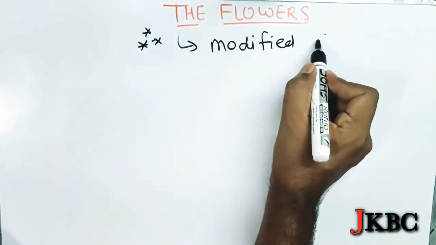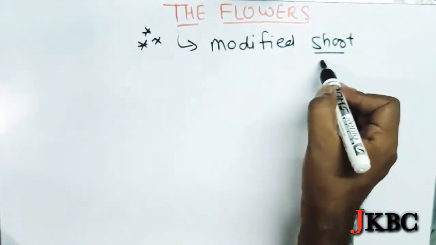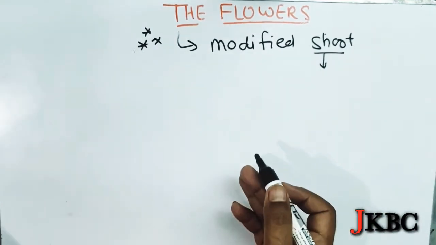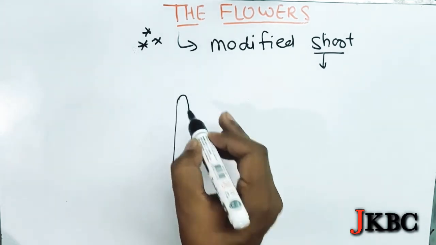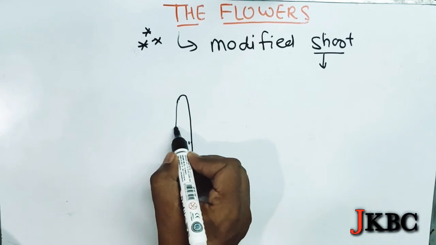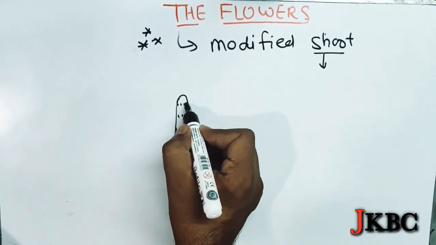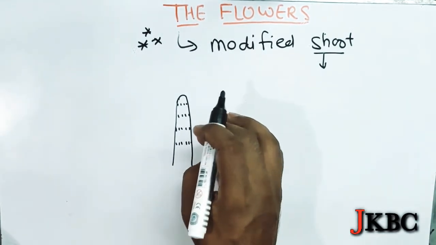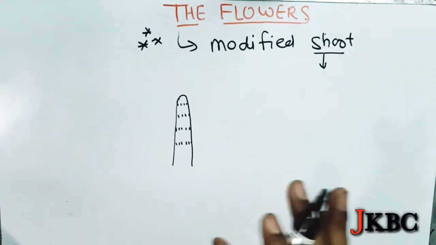What is a shoot? A shoot is basically a branch of a stem, or it is also a stem. This is the apex of any stem. The apex has basically four nodes: 1, 2, 3, and 4. The nodes are very close to each other, so the internodes in between are negligible.